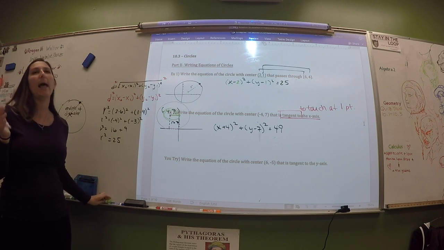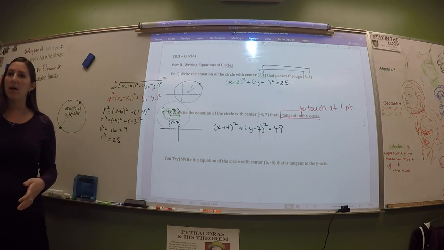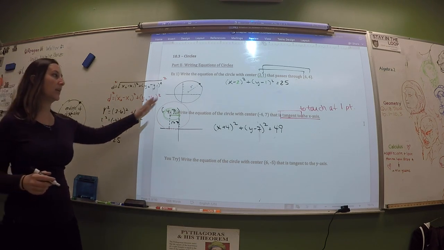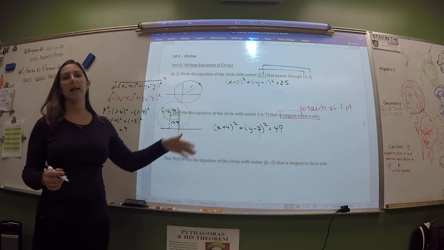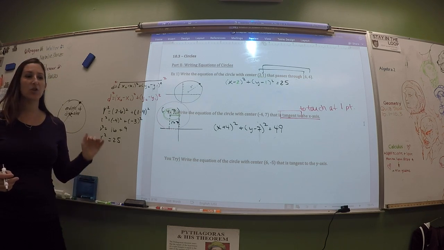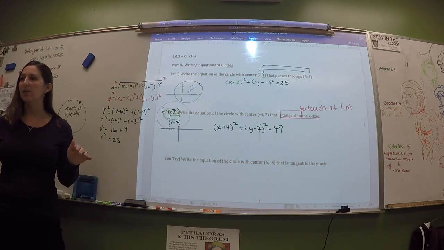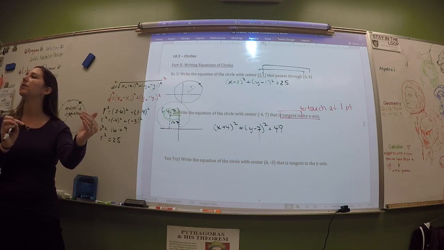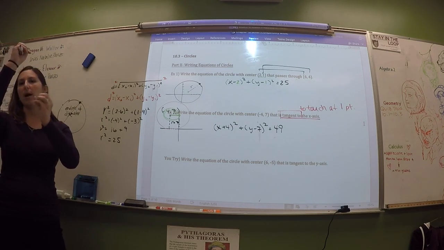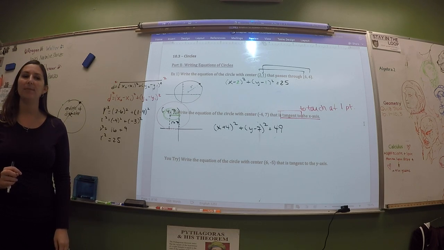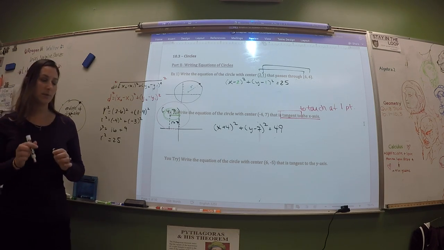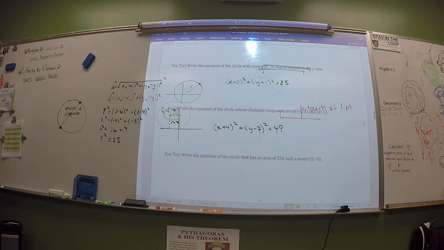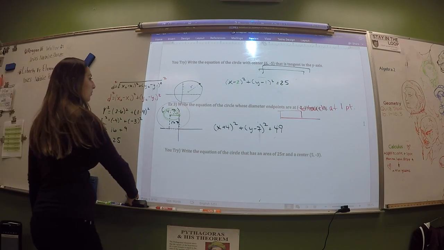You can just count or subtract in one direction. You don't need both directions. The reason we need the distance formula is when it's a slanty distance. But if it's just a horizontal or vertical distance, you can either just count it on the graph, or you can just subtract the x's or the y's. Okay, make sense? Alright, so that's what it means when it says tangent to. So the words passes through and tangent to are hints about trying to give you the radius.